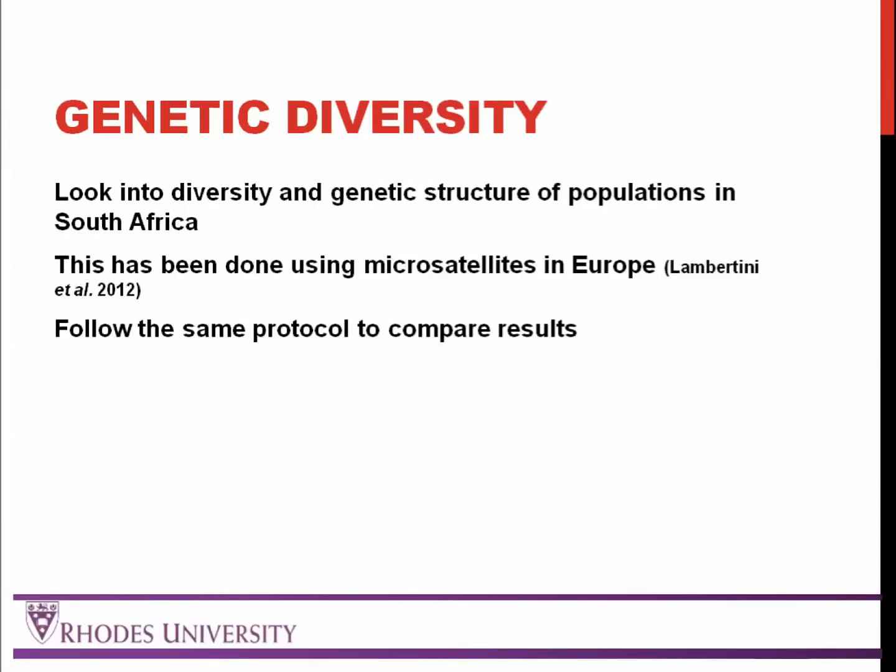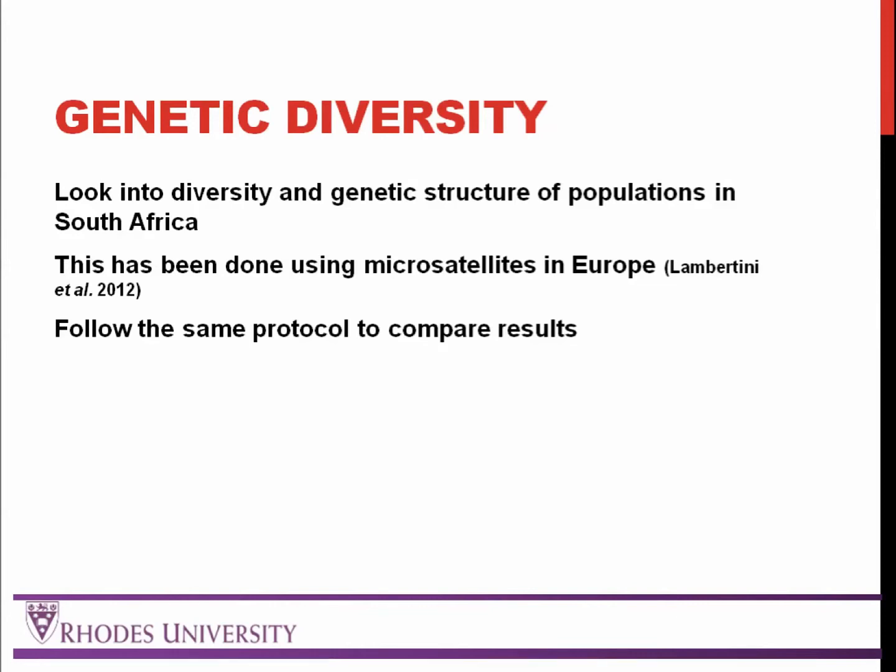There are a number of ways that we can look further into this, and I do plan on doing so. One way is looking at the genetic diversity of our Phragmites populations. This has been done in Europe, where they've looked at microsatellite diversity as an indication of genetic diversity. I plan on doing microsatellite analysis and comparing the results with the European genetic diversity.